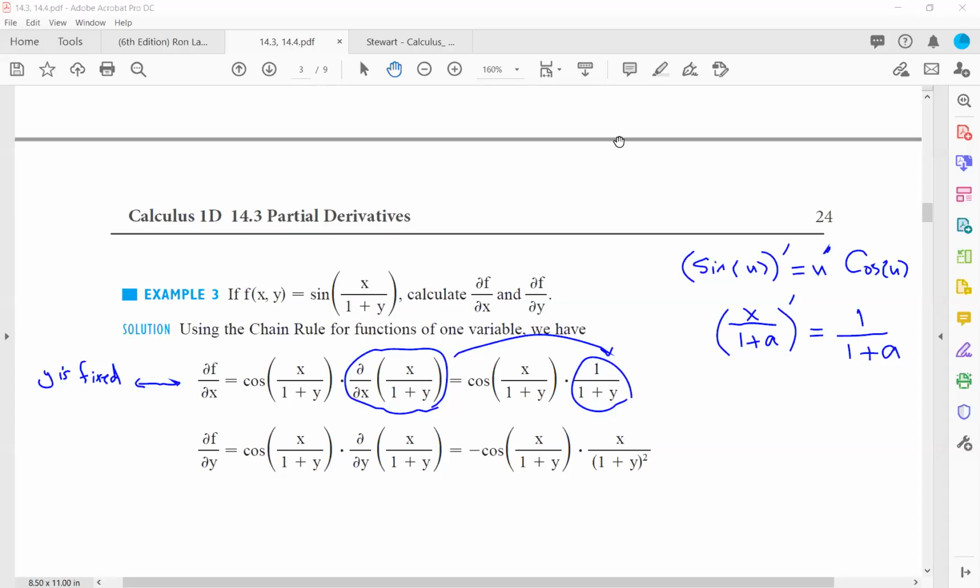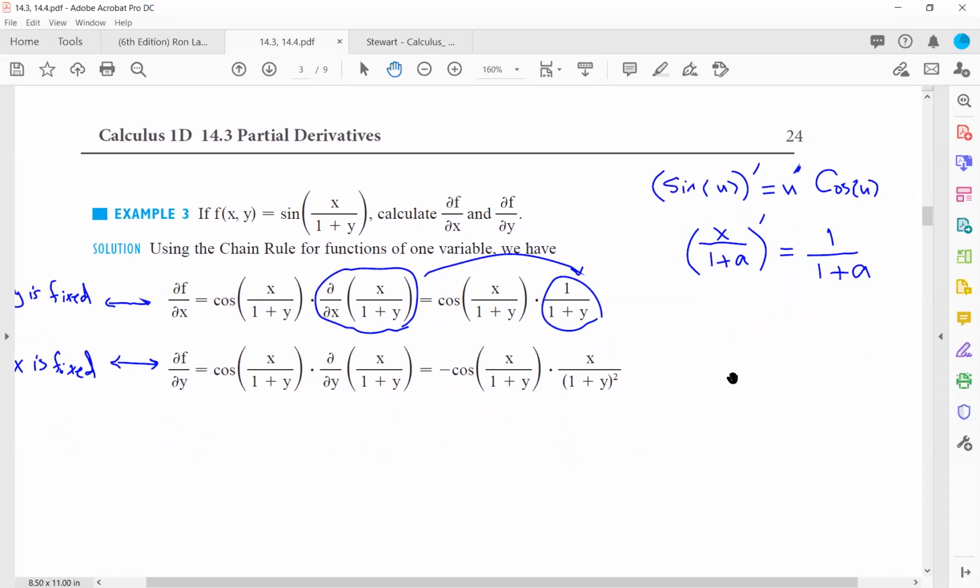Very well. Now take the partial derivative with respect to y. Now you assume x is fixed and you repeat the process. Note that since you are taking the derivative with respect to y, you have to apply the quotient rule.